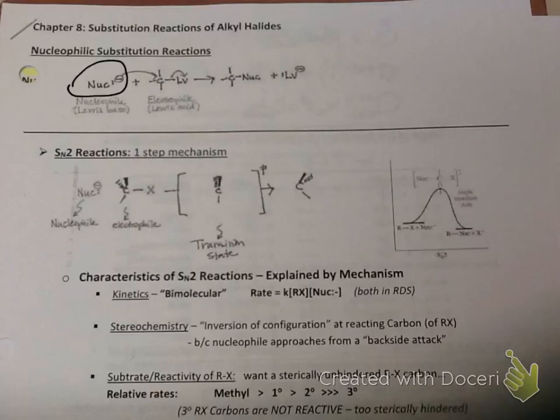The nucleophile reacts with the hydrocarbon and replaces one of the atoms. So the LV here on the hydrocarbon represents a leaving group. This is the group that will leave the hydrocarbon. Leaving groups in this chapter will be halides. The leaving groups here are going to be halides, like fluorine, chlorine, bromine, iodine.